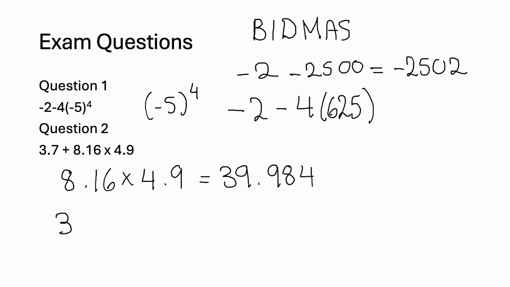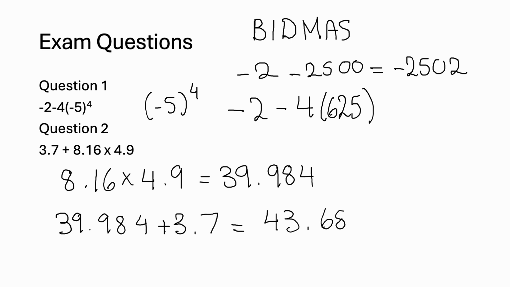Then we need to do 39.984 add 3.7, which we get an answer as 43.684.